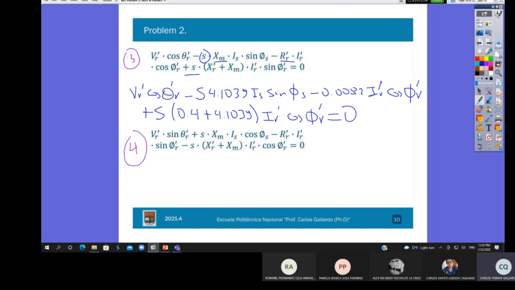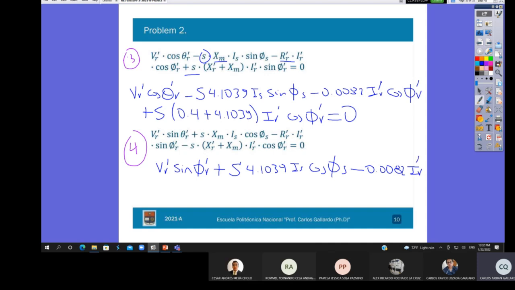The next equation. Once again, I will have here the rotor voltage times sine of the angle plus the slip times the magnetizing inductance 4.1039 times the stator current cosine, minus the rotor resistance, which we know is 0.0082, times the rotor current sine of the angle.